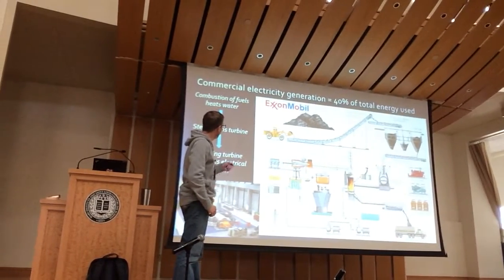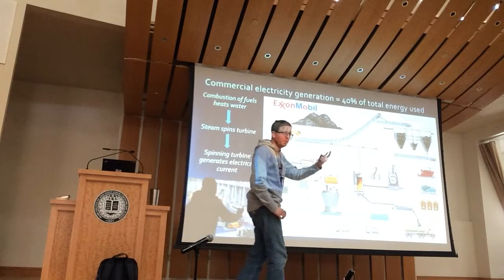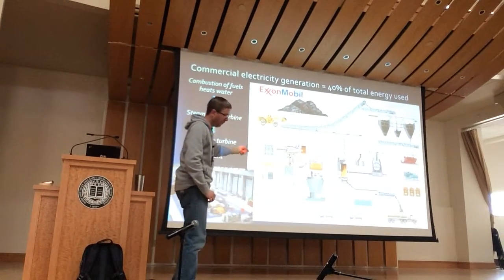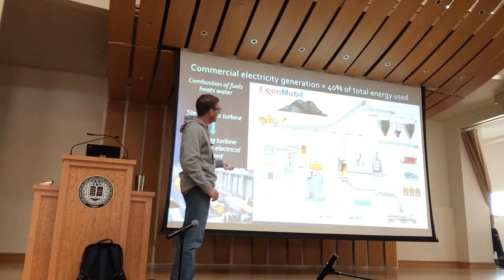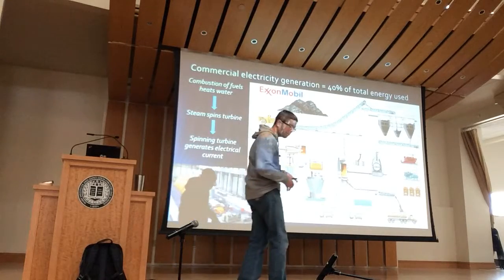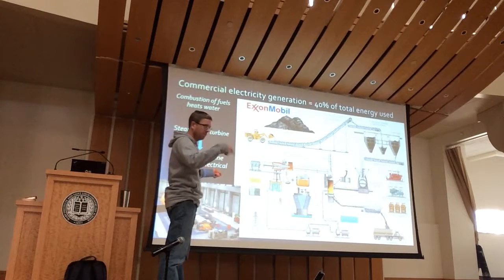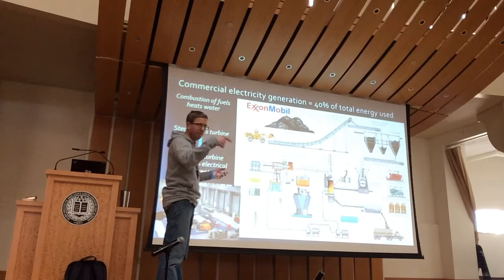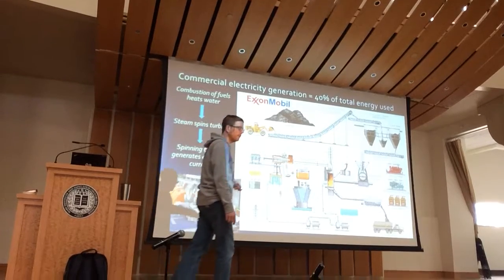Basically, what we're doing is this: we're burning a fuel. It's coal. Coal, historically speaking, I should say, was the first choice for this kind of thing. We process the coal, we burn the coal, and in burning the coal, we're heating water, and we create steam. The steam spins a turbine, like a fan spinning, and that spinning turbine generates electric current.